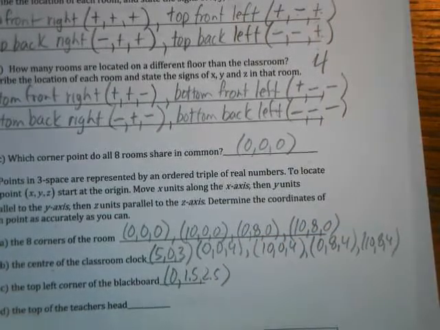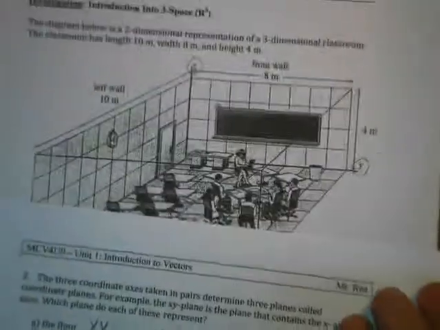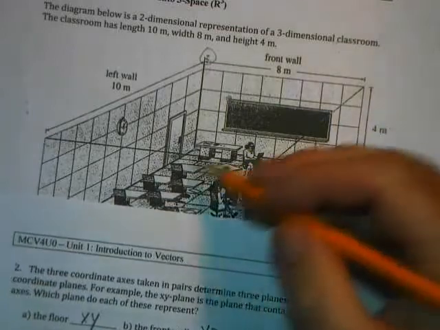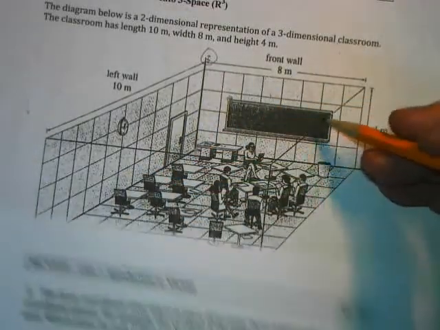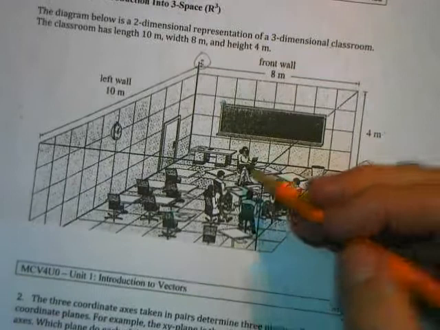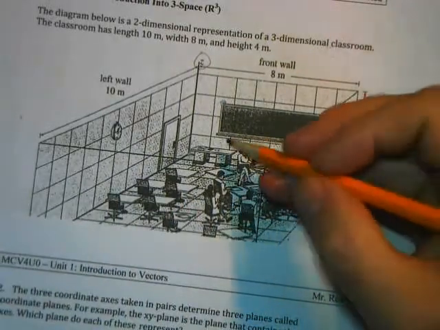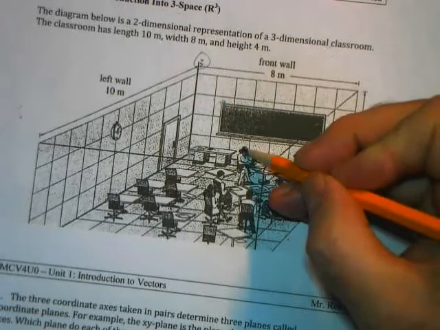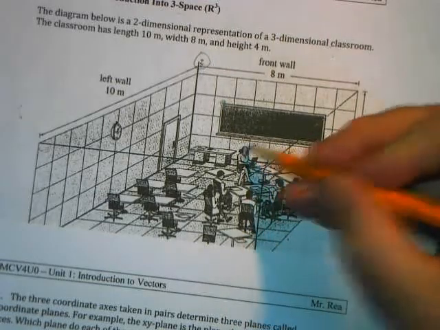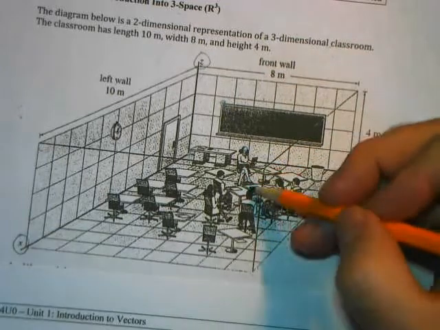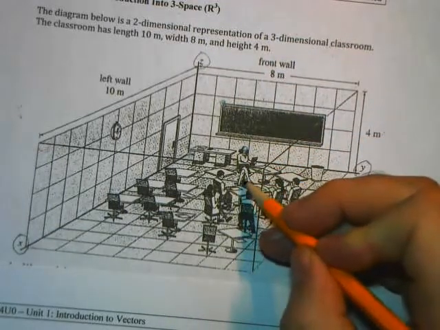Okay, the last one is the top of the teacher's head. This is by far the most difficult one because it's not along one of the walls or floors, and the grid is a little more complicated here. So the teacher, well, there's the teacher. The top of her head is right there. So I have to imagine if I dropped a vertical point. It's kind of down here.